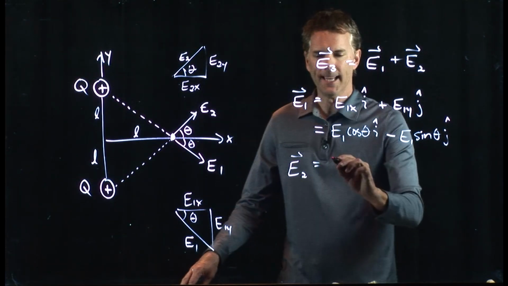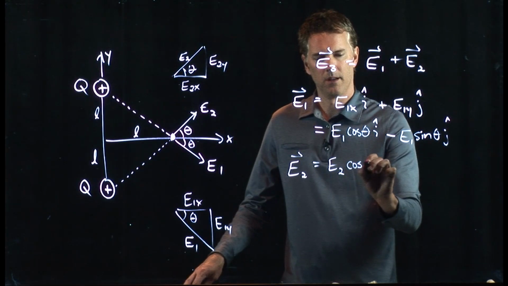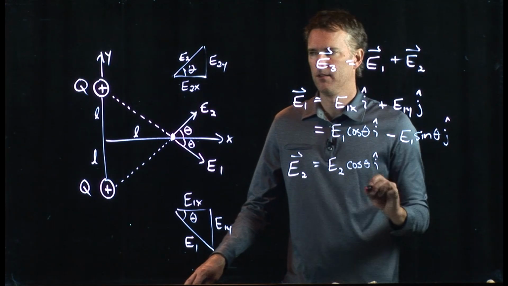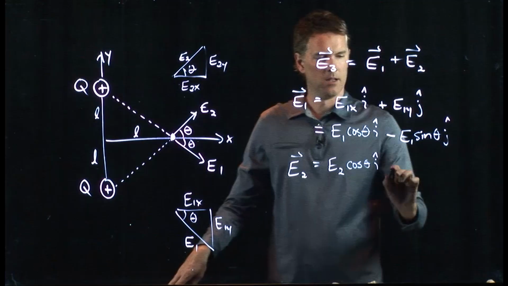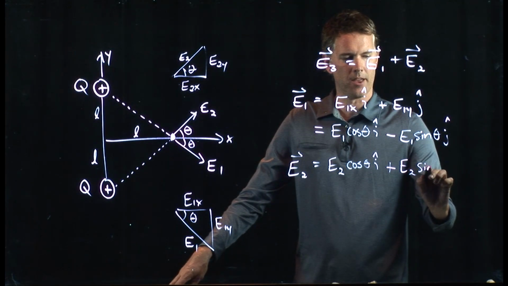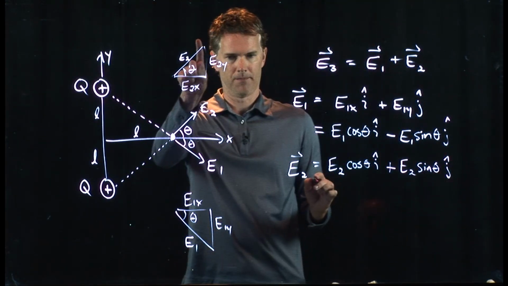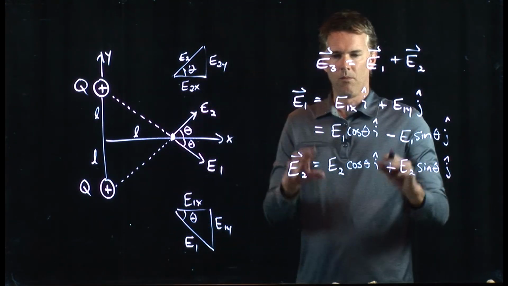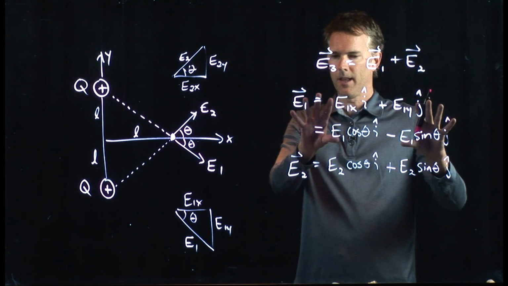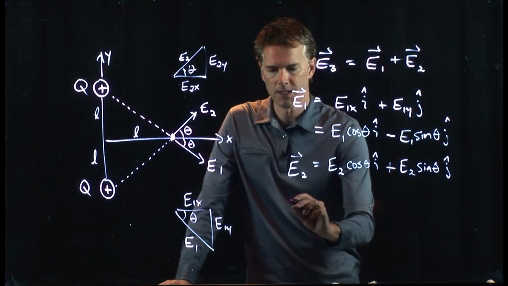It is going to be E2 cosine theta, i hat, it's going to the right, plus E2 sine theta, j hat, it's going up. Now we have E1 and we have E2, and so we can add them up to get our resultant E.